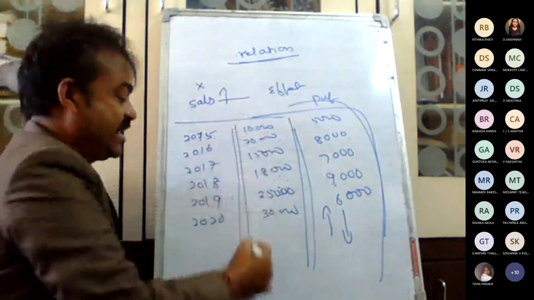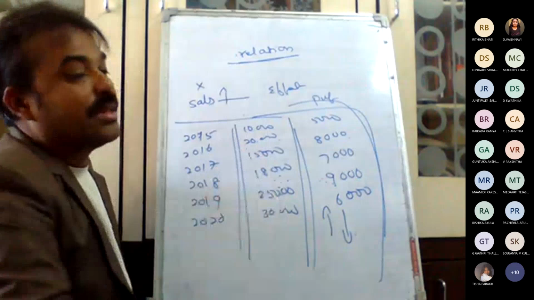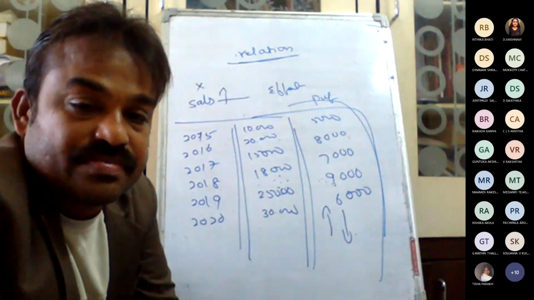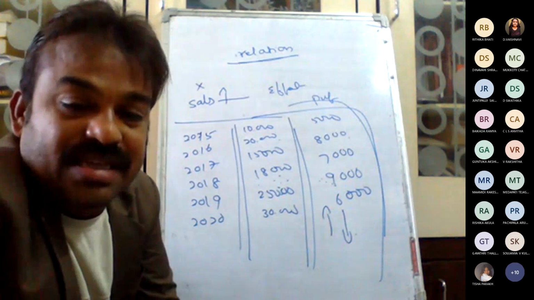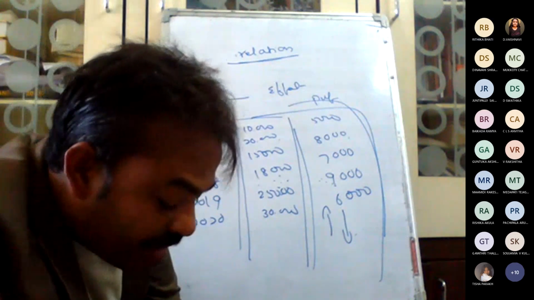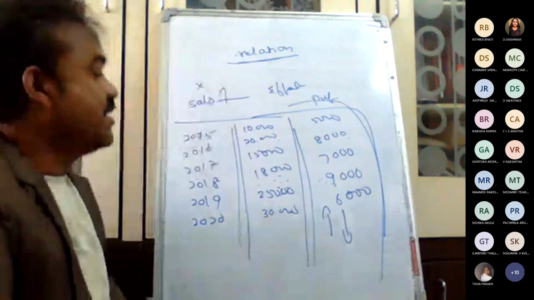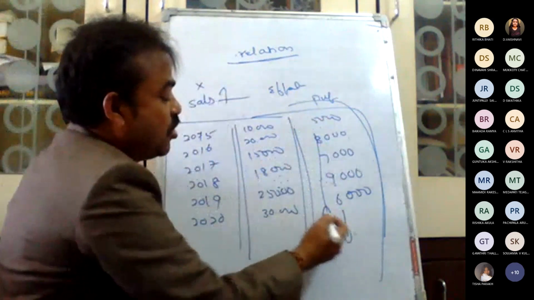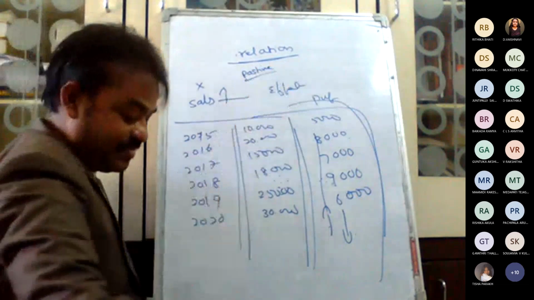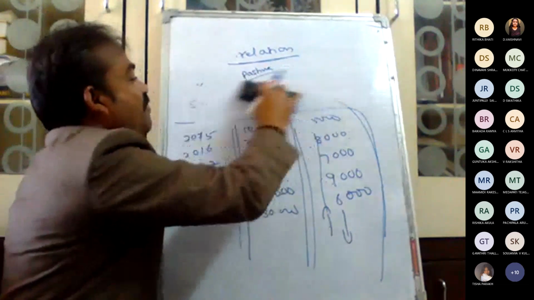For example, when the sales are increasing, what do we generally think about the profit? Profit increases. Whether it is increasing, it means both are positive.